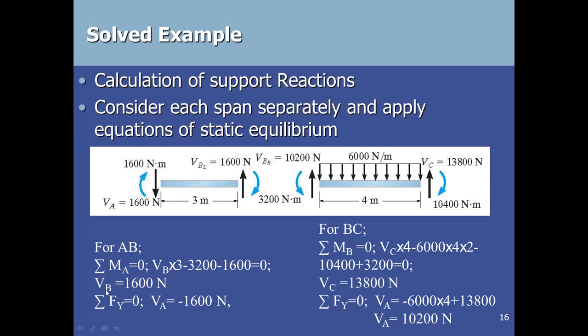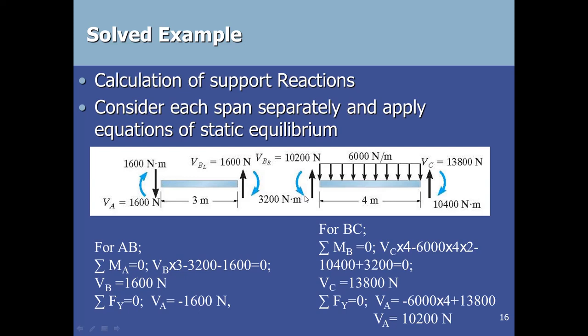So from here we can say that VB is equal to 1600 in this upward direction. So we get this reaction 1600, because sigma Fy is equal to 0. So for equilibrium the sum of these two should be equal to 0. If VB is in the upward direction, VA will be in the downward direction with the same magnitude. Then we go to the part BC, where we have these moments.